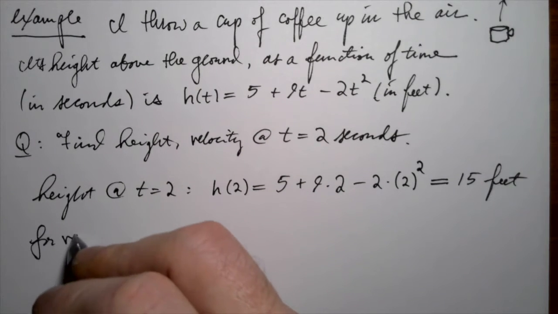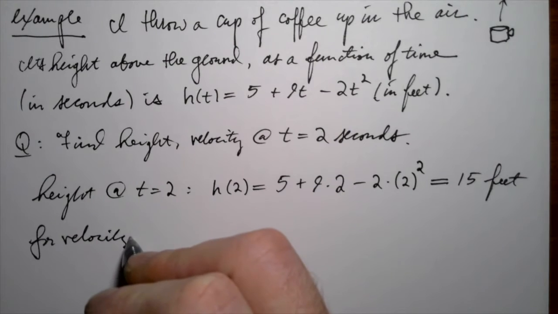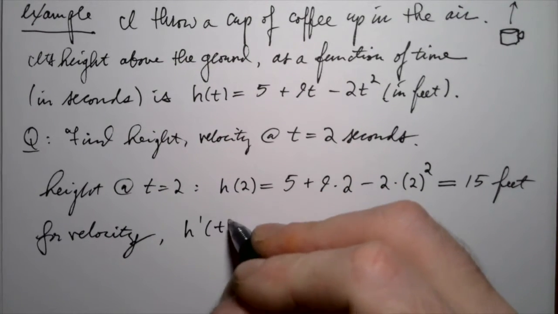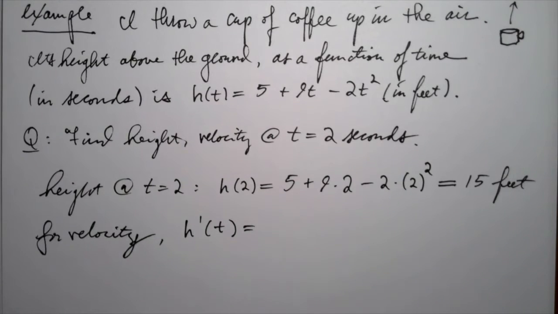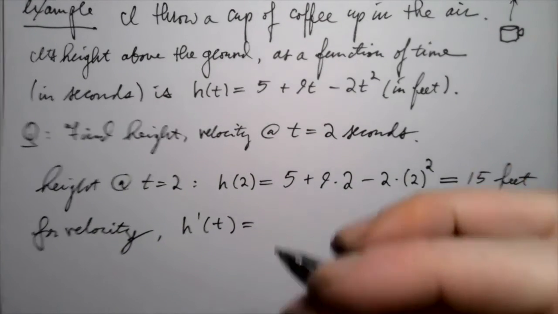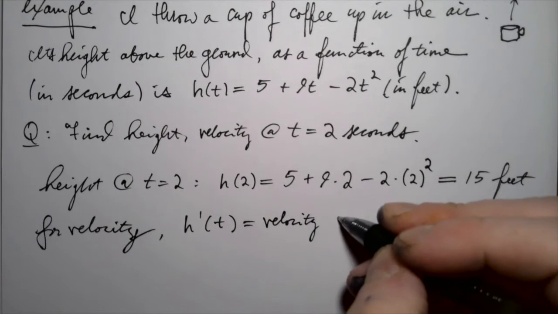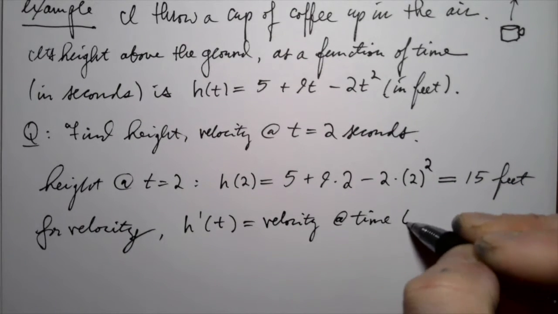For the velocity, we're going to use the fact that the derivative of the height function, the instantaneous rate of change of height, is exactly the velocity of the mug at time t.